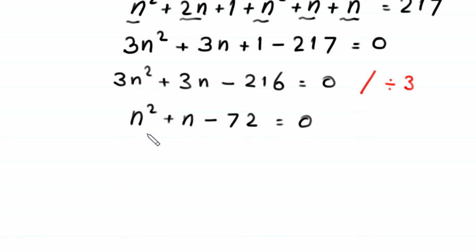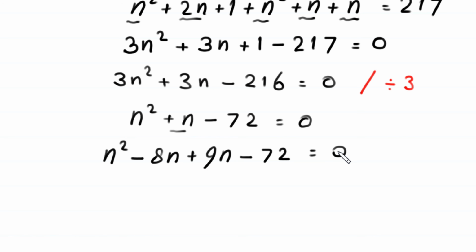Now this quadratic equation is factorable. We write this n squared and break this n as negative 8 times n plus 9 times n minus 72 equal to 0.